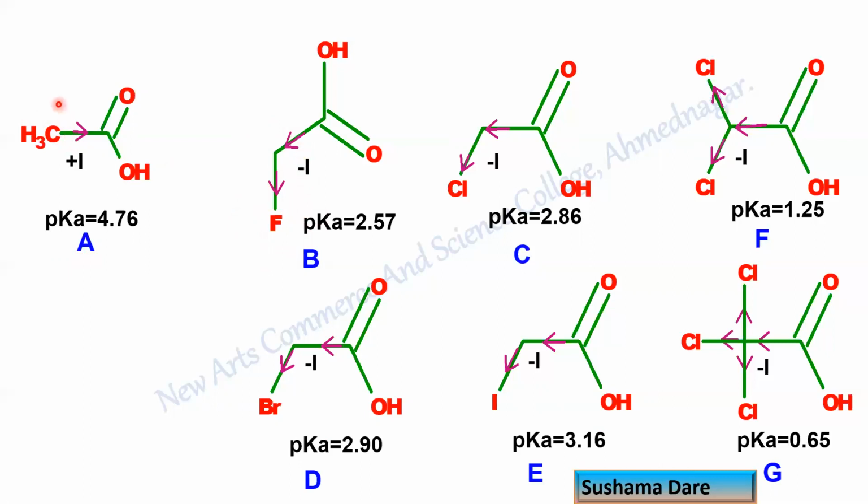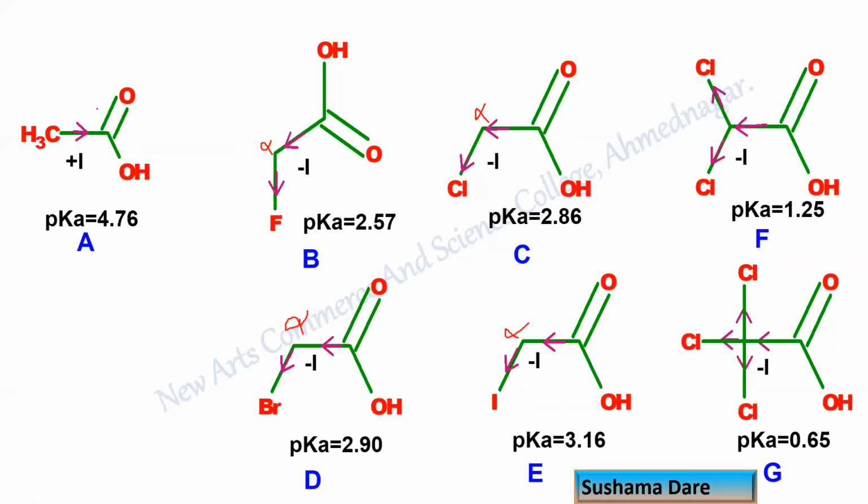So on this alpha carbon, there is no substitution. Now on this alpha carbon, which substituent is present? An electron withdrawing group. Again, on this alpha carbon there is an electron withdrawing group. Same here. This is the alpha carbon, and again this one is the alpha carbon.